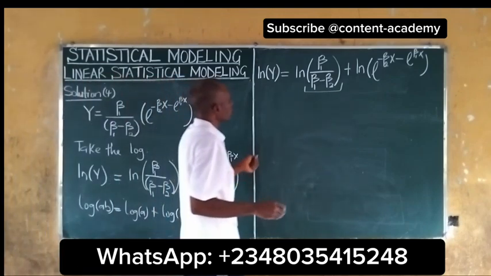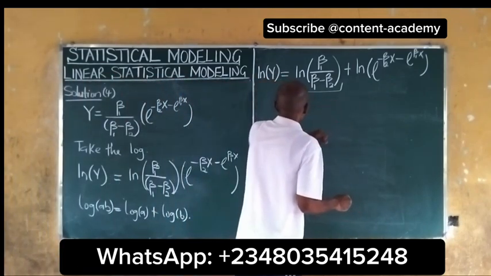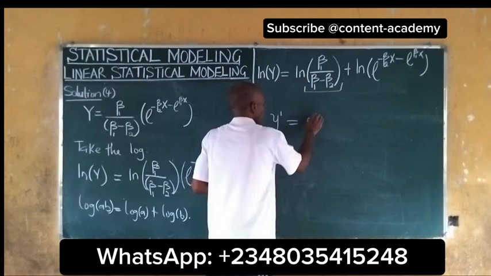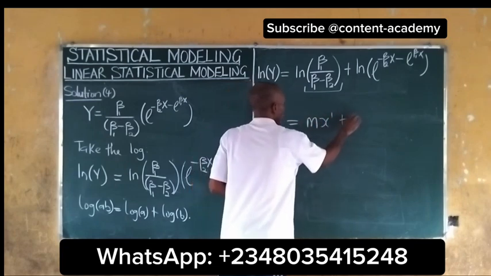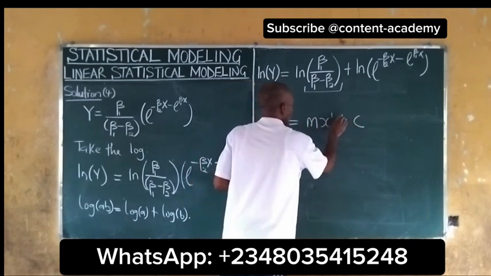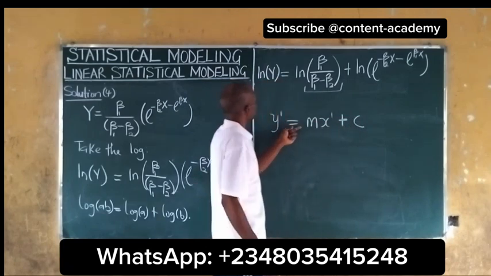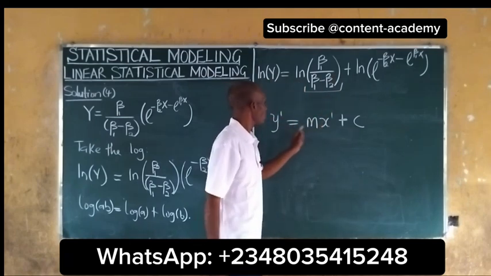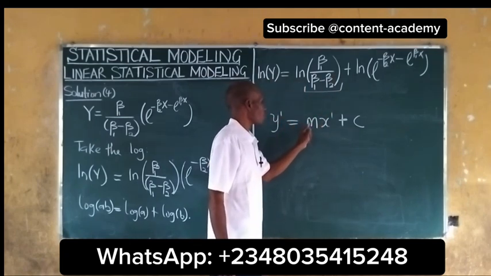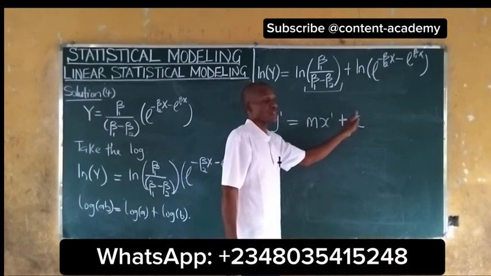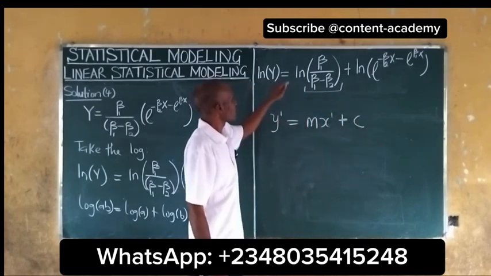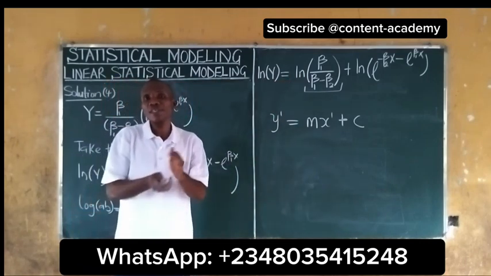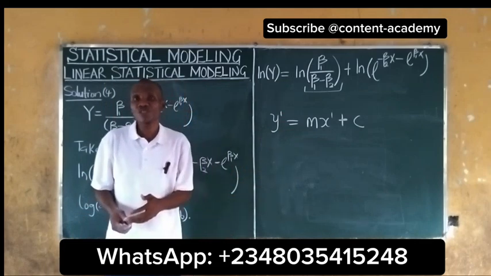There is no relationship that can separate them into y equal to mx plus c. Since there is no relationship that can separate b1 and b2, y and x into y prime equal to mx prime plus c, this equation cannot be transformed into a linear relationship.